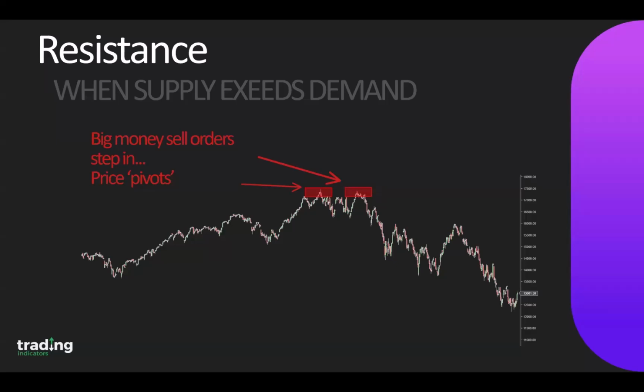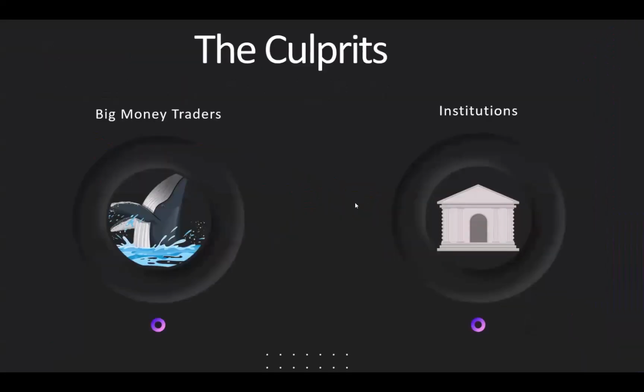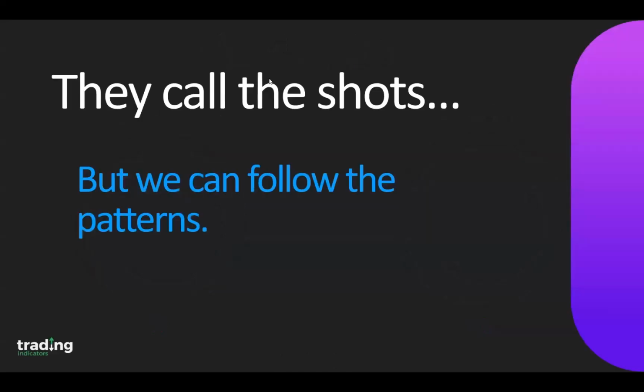Now, what's interesting and what we need to realize is that we as retail traders are not responsible for these levels. We don't have the buying power to do this. These levels are formed by the big players in the markets, the institutions, the big money traders. Those have the buying power to actually form these levels and make price move that way. But while the big players call the shots, we as retail traders can follow the patterns.